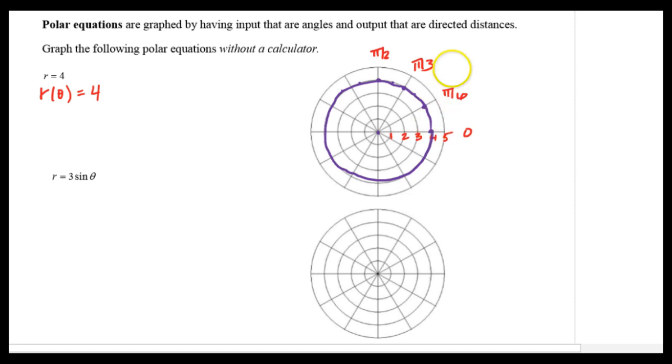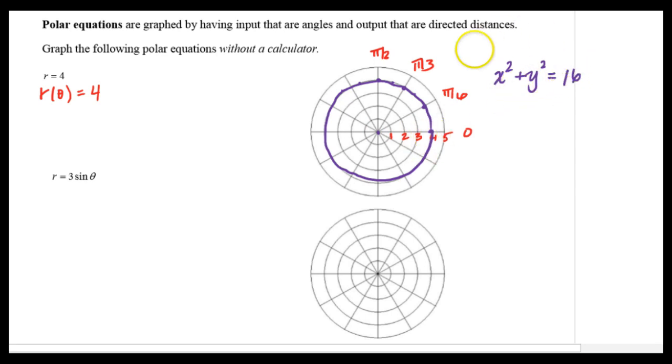When we started our discussion, we talked about rectangular or Cartesian coordinates and the equations necessary to graph certain curves using them. To graph this same circle using Cartesian coordinates, we need the equation x squared plus y squared equals 4 squared, 16, because my radius is 4.